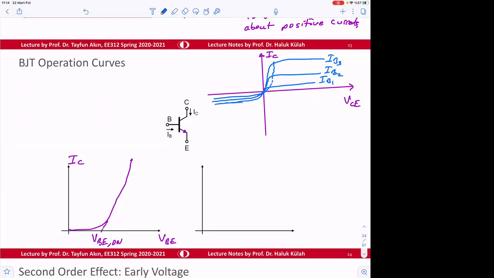Okay, but this is very narrow, very narrow in fact.